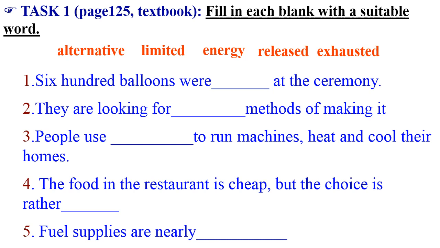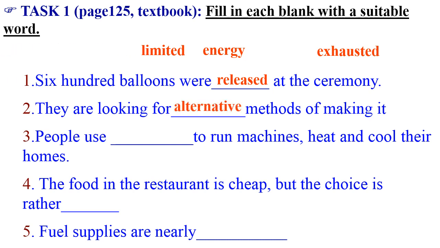Have you finished? Now, let's check the answers. Number 1, released. 600 balloons were released at the ceremony. 2, alternative. They are looking for alternative methods of making it. 3, energy.